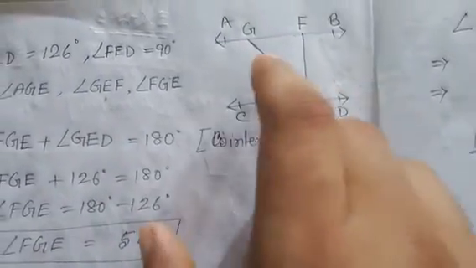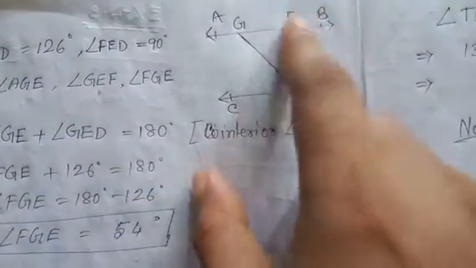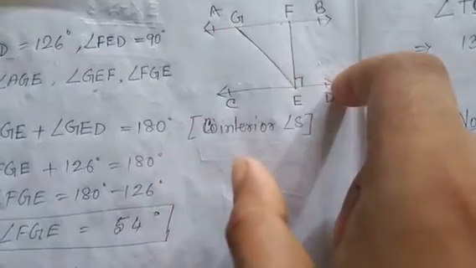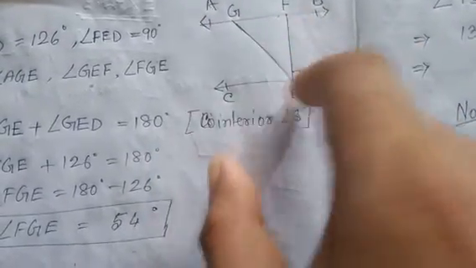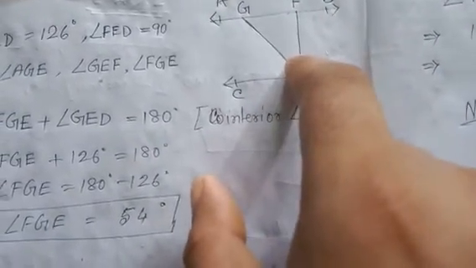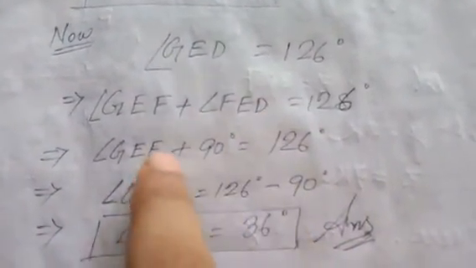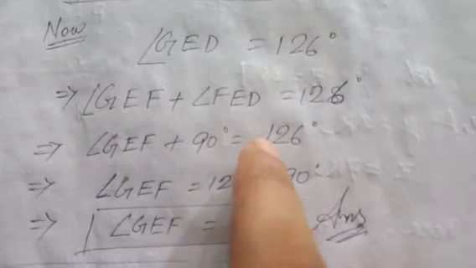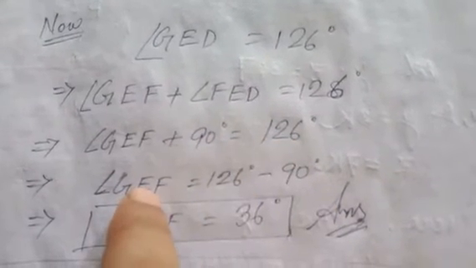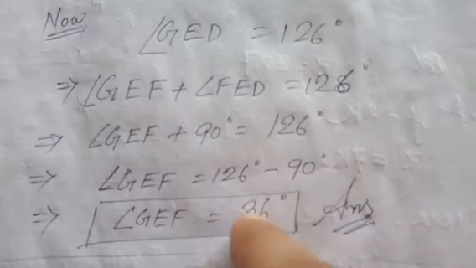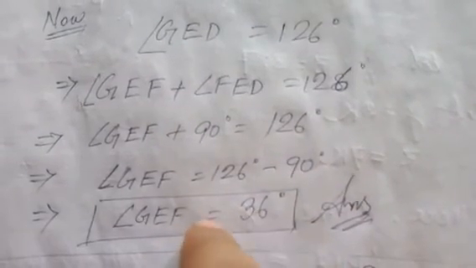GED is the sum of GEF and FED, so GEF plus 90 equals 126. Therefore GEF is 126 minus 90, which is 36 degrees.